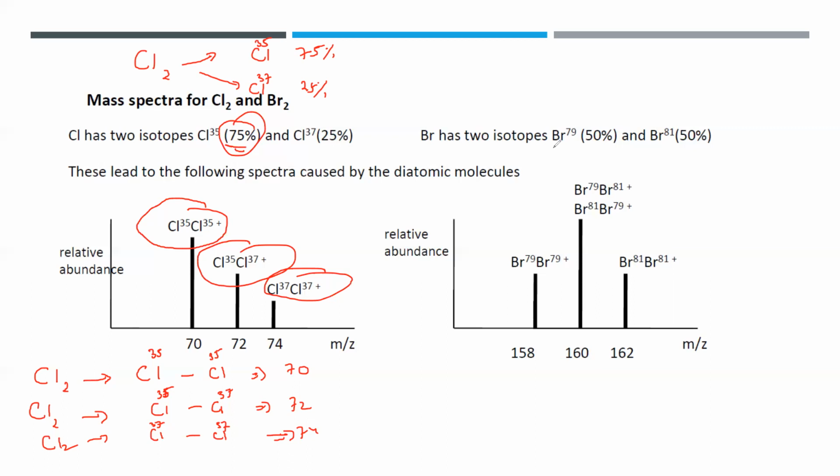Same way for bromine. For bromine, there are two isotopes. One is 79, another one is 81. So if we are talking about a bromine molecule, what are the possibilities? Because we know in a bromine molecule, maybe both of them are 79, maybe one is 79 and another one is 81, and maybe both of them are 81.